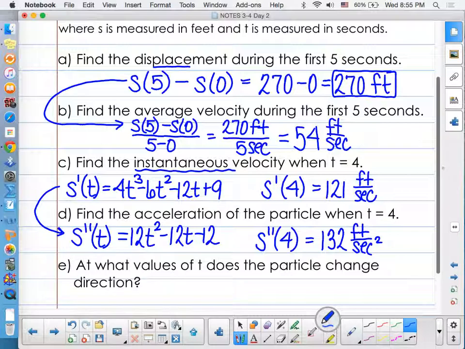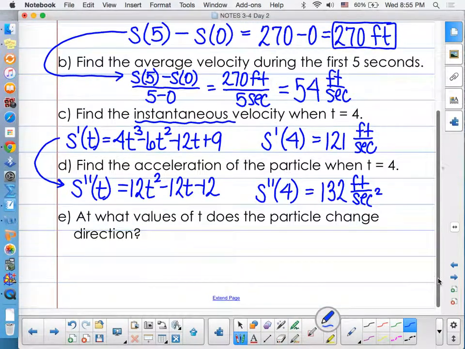So then it asks at what values of t does the particle change direction? So it changes direction when the velocity is 0. Because velocities that are positive are moving to the right, velocities that are negative are moving to the left, so velocities that are 0 aren't moving left or right, it's changing direction at that time.